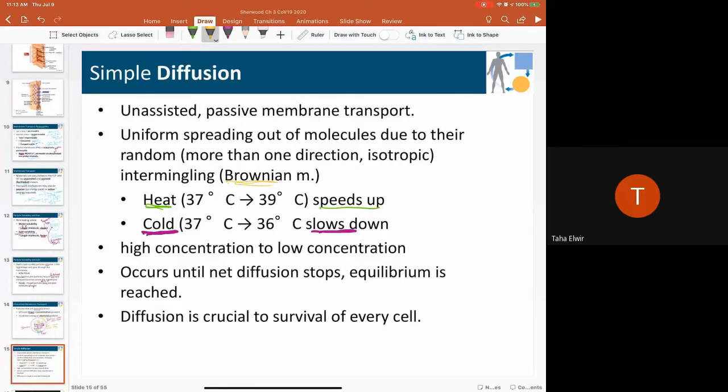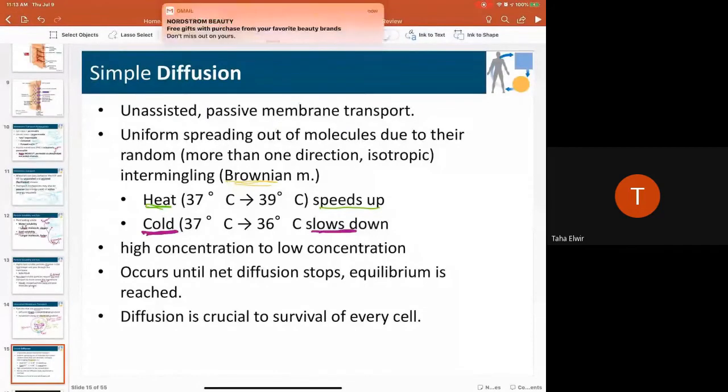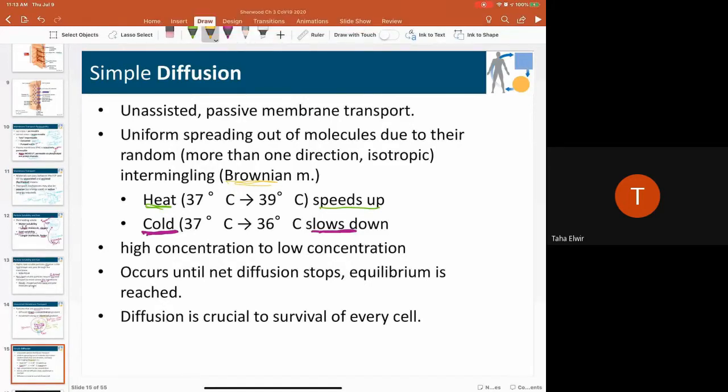If you were to heat up that can, it has a warning on it: do not get close to heat. Why? Because the molecules speed up their motion and they put pressure on the inside of the can, and the can explodes. So speeding up the molecules in an enclosed space can lead to problems.